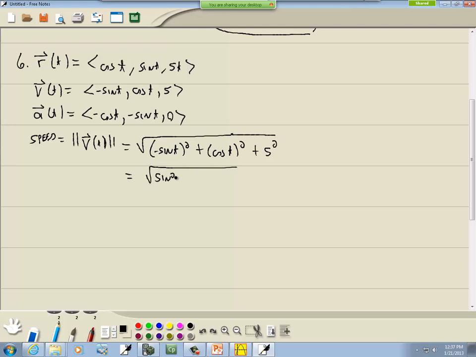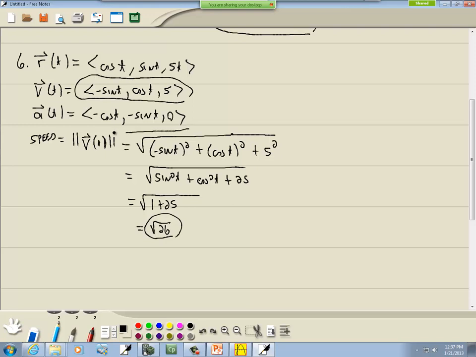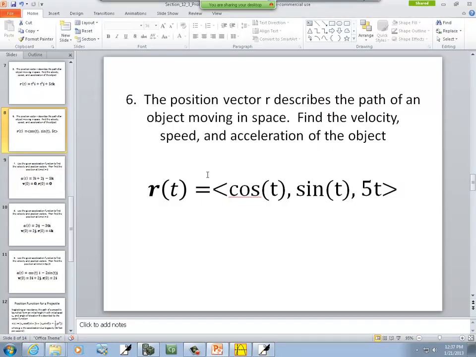So we got sine squared plus cosine squared plus 25. Sine squared plus cosine squared is 1. So we got 1 plus 25, or square root of 26. So these would be our answers. Let's look at the next one.